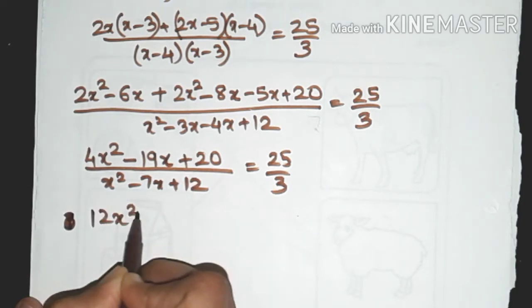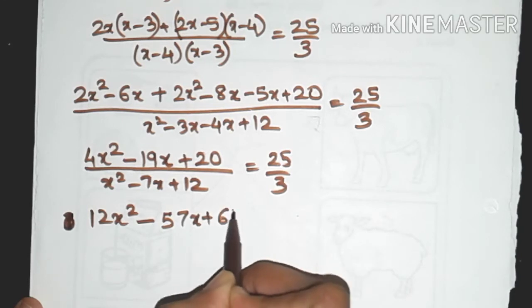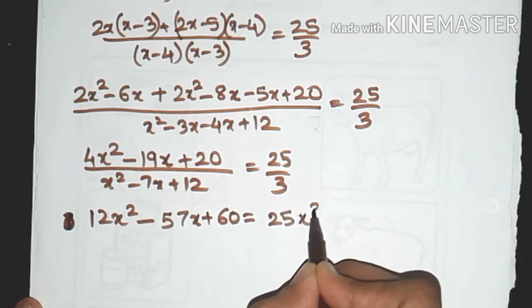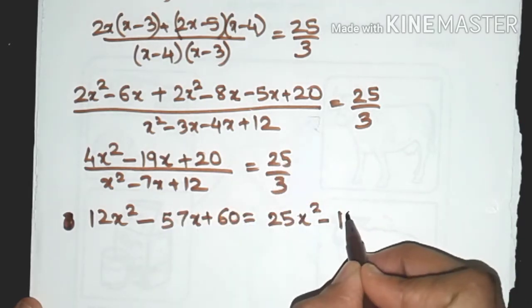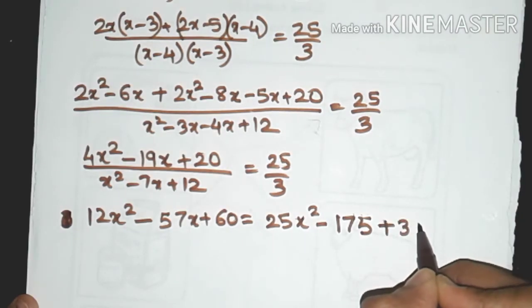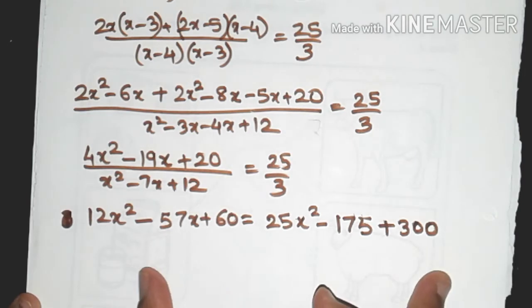So I'll get 12x square minus 57x plus 60 equal to, I'll bring here 25x square minus 25 into 7. So I'll get 175 plus, this will be 25 12s are, that will be 300, correct? So this is the equation. So now our next step is we have to bring all the terms to one side.